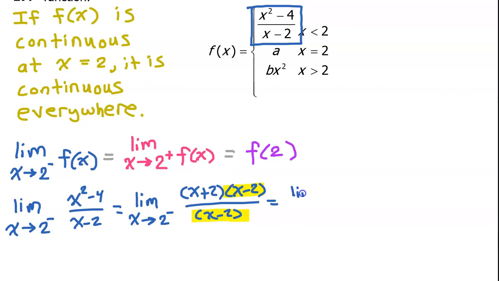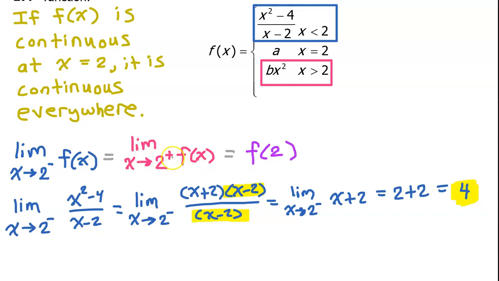So now we have the limit as x approaches 2 from the left of simply x plus 2. This can be evaluated by direct substitution. Plugging in 2 for x, we have 2 plus 2, which is equal to 4. So that is our expression for the limit as x approaches 2 from the left.